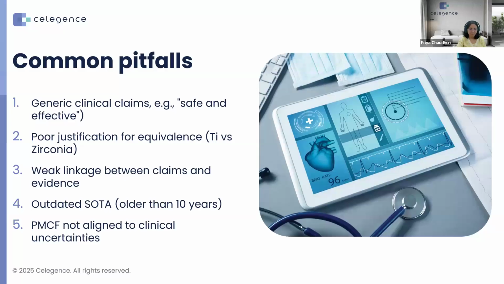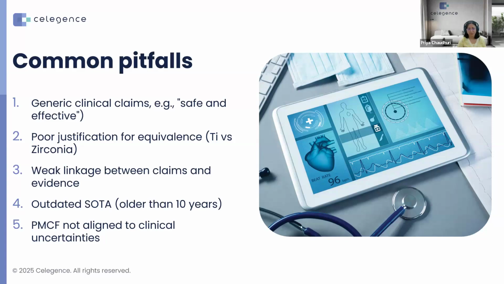So let's go. All right, so now starting with the most common pitfalls, as you correctly said, the generic clinical claims. So most often now that we know how to generate clinical claims through literature, through the state of the art, we still get comments on vague ones, especially when it comes to qualitative claims without a solid foundation of study data through literature.